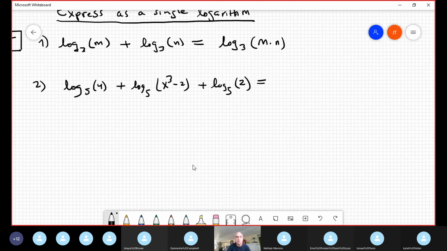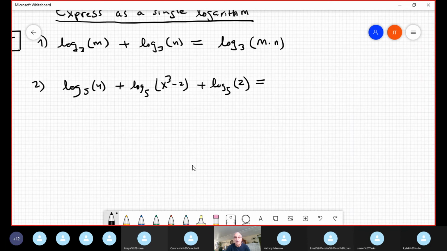So you have three terms, and I want to express them in only one logarithm. And the base should be the same, of course. You use multiplication: 4 times this algebraic expression times 2. And 4 times 2 is 8. Multiplication by x cubed minus 2, something like that, right? Don't forget, this is an important detail. It's a sophisticated detail, but it's important. Another parenthesis or bracket here.